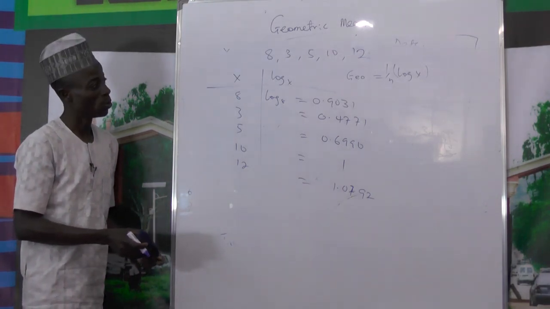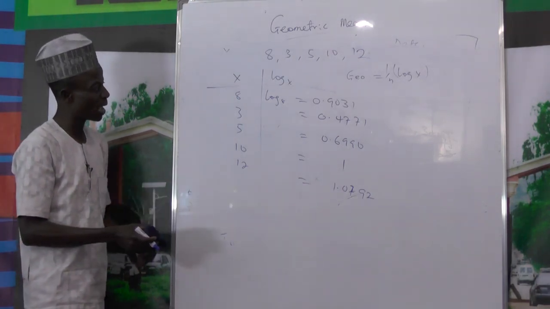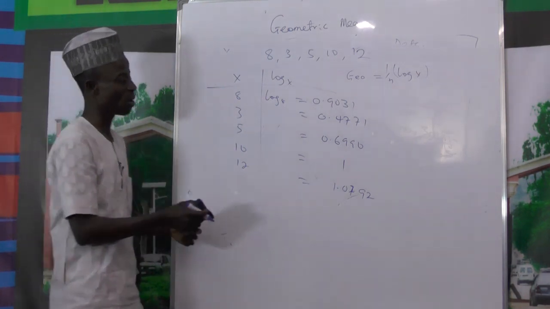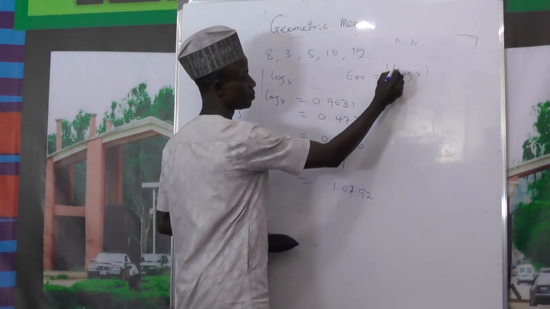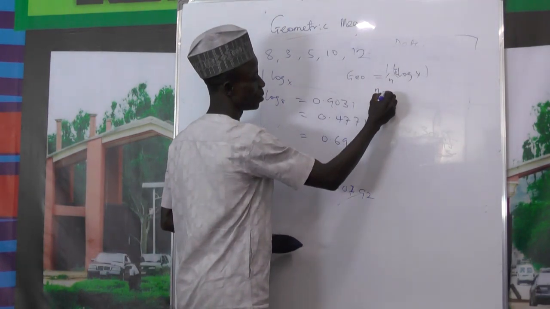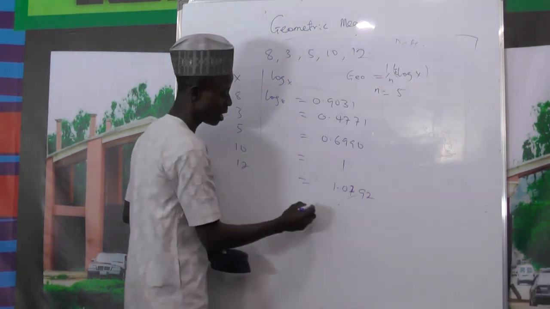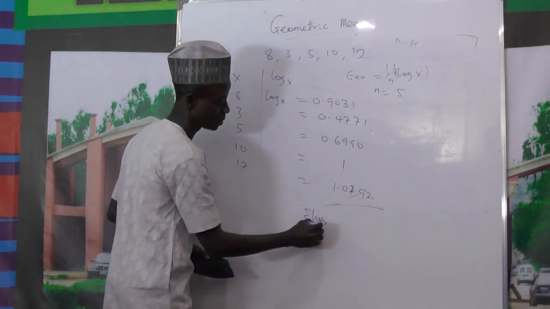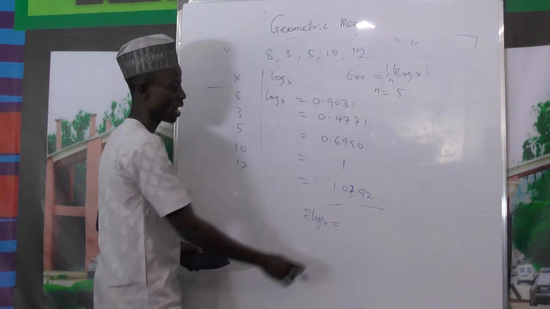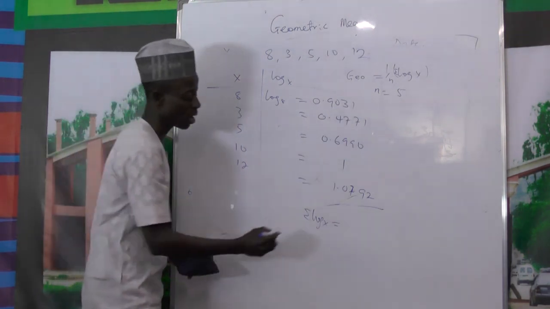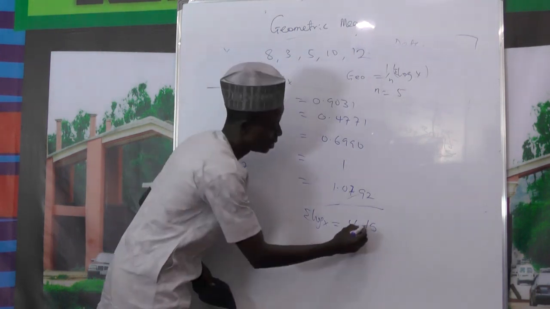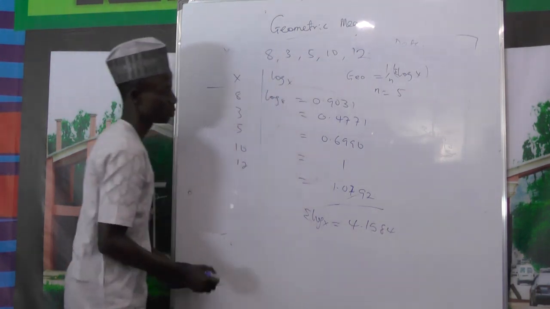So when we are having this, our n, how many observations are we given? 1, 2, 3, 4, 5. So our n equals 5. So we now take the addition of this, that is the sum of our log of x. So when you add this together, we are going to have 4.1584.